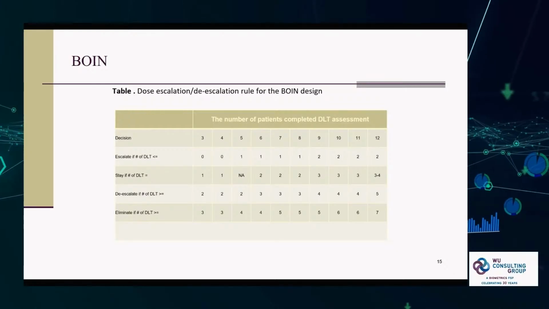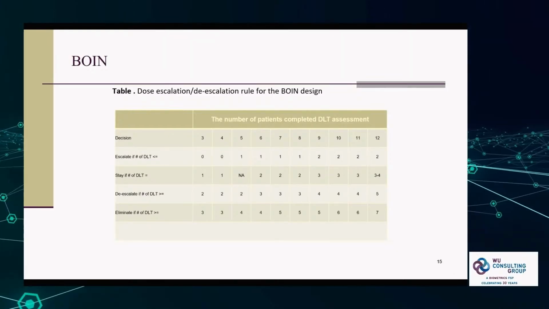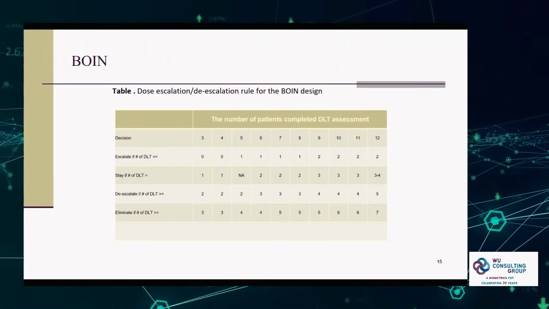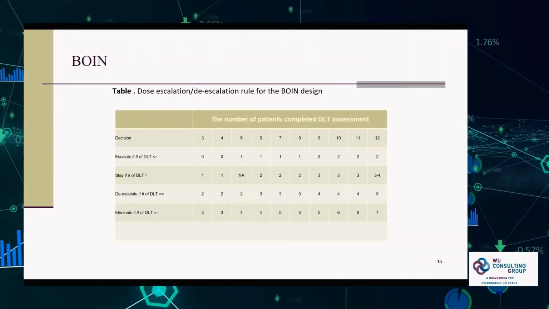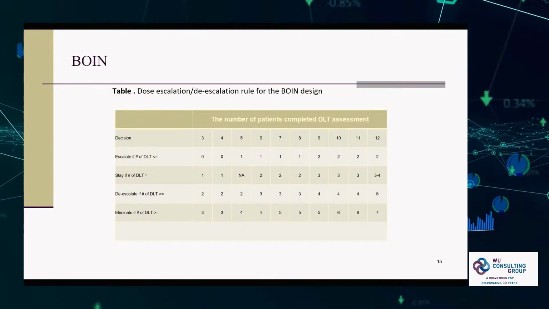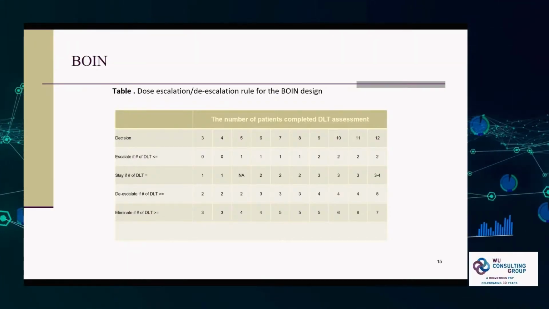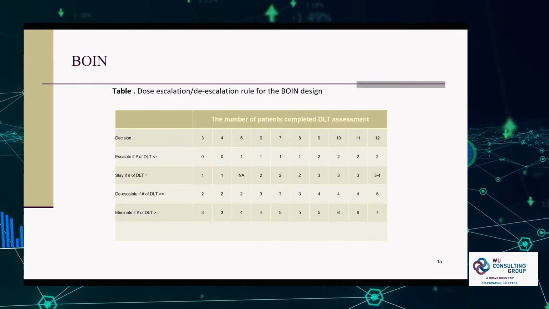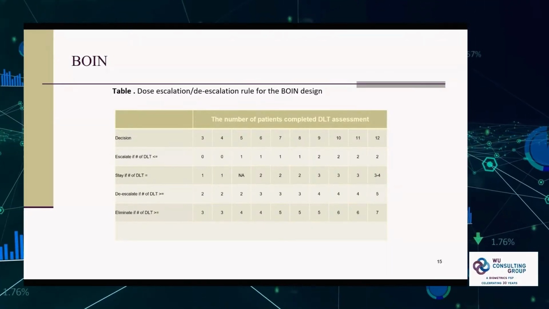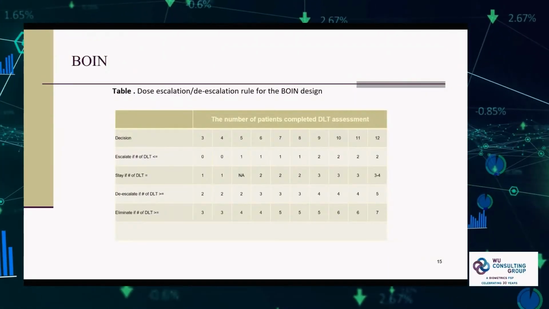So every BOIN design is associated with this kind of decision table. And the advantage is that in BOIN design, you're not restricted to a maximum of 6 patients at every dose level, like in the 3+3 design. You can define the number of patients you would like per dose level. And the decision would be based on the DLTs observed at each dose level.